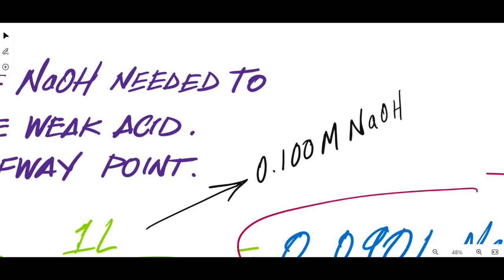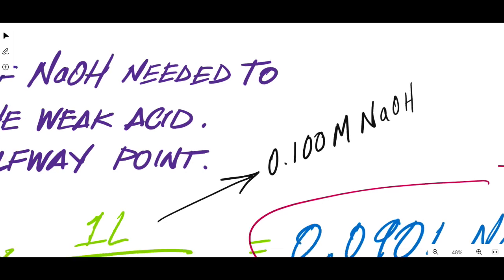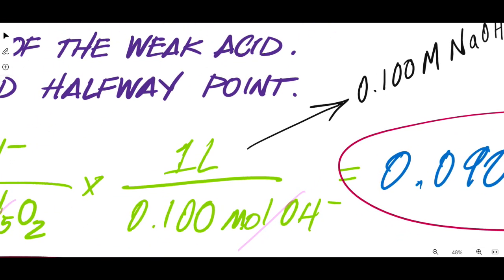So I took the 0.100 molar, which is the same as 0.100 moles per liter, and I just inverted it here. Now, why did I do that? Well, it was intentional, because I need liters to be the unit of my answer. Remember, we're trying to solve for a volume. So I can take that moles per liter and flip it upside down so that my answer will be in liters.